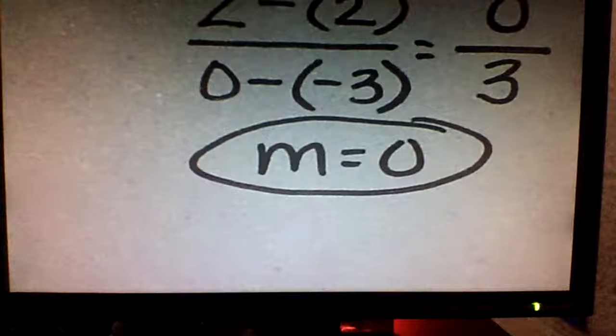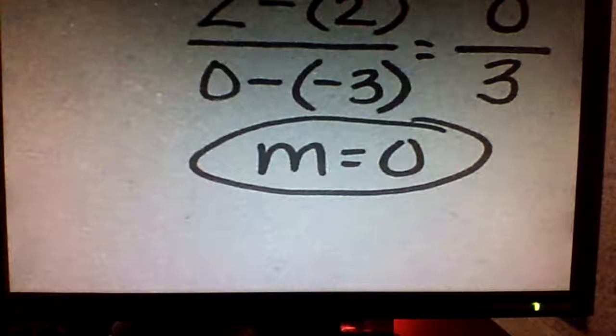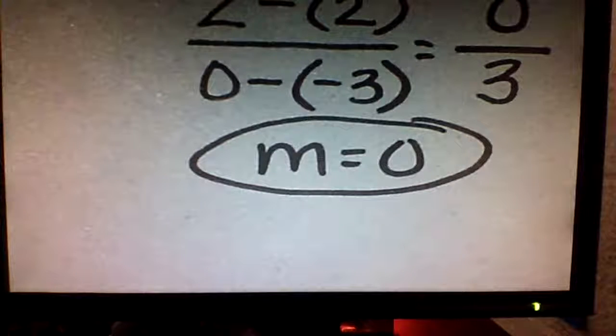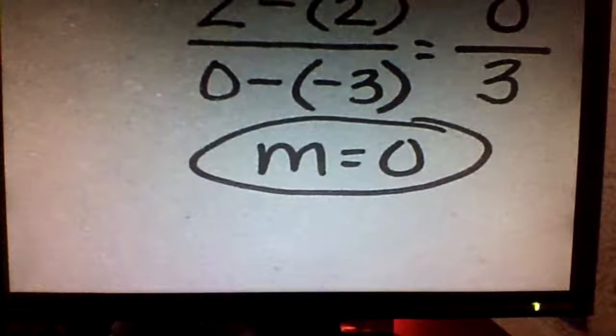Slope is 0 here. Okay. Let's move down to here.